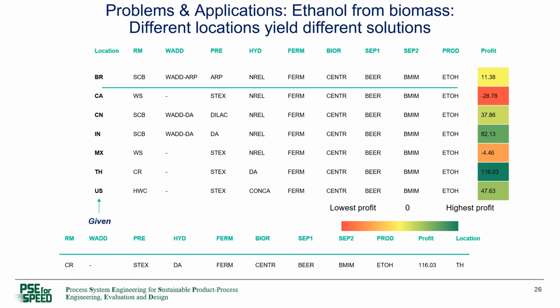I'm not showing you those solutions. In the references, you can see those solutions, but transportation can be taken into account. If all those things are not taken into account, it looks like cassava rhizome is a good way to make ethanol in Thailand at the cheapest price.